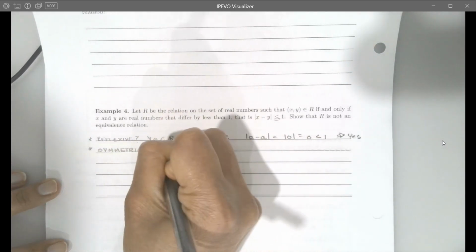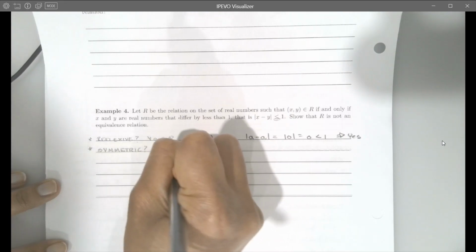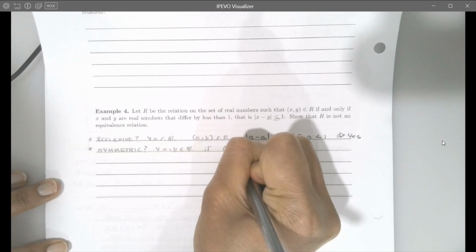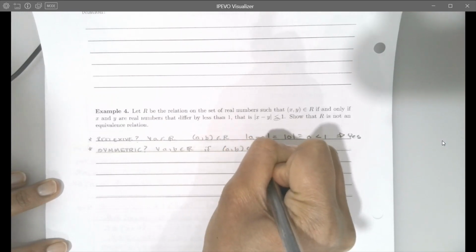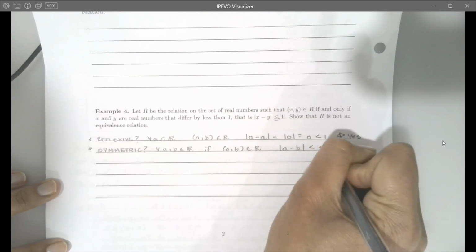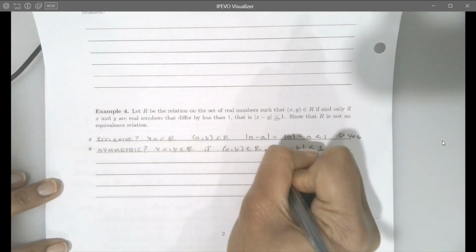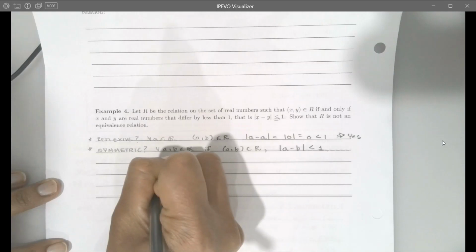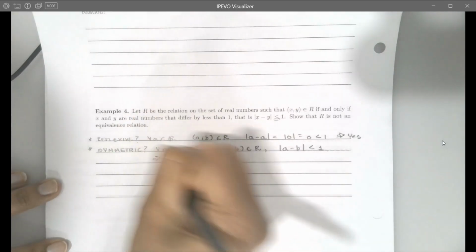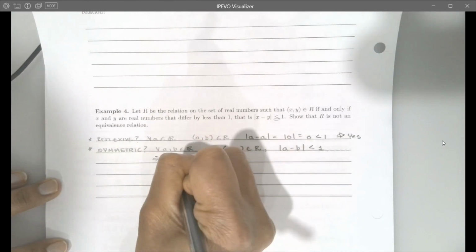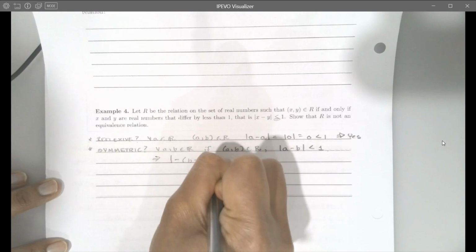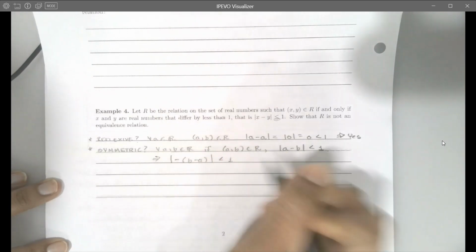Well, let's say for any two real numbers, if A comma B is part of R, that means that the absolute value of A minus B has to be less than 1. And if that is the case, then we can factor out a negative 1 from the A minus B, and we'll have absolute value of negative (B minus A) is less than 1.